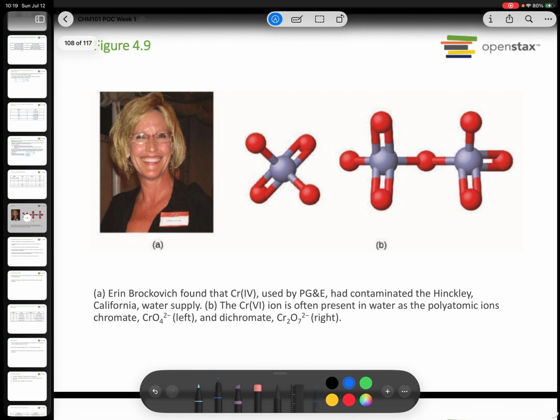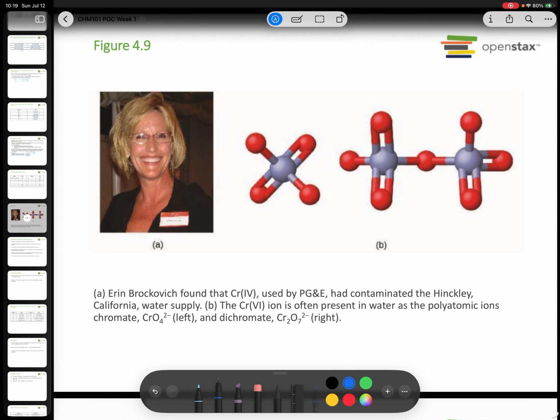Okay, so itong figure na to, it connects polyatomic ion naming to a real case, no? So, chromium compound can exist in different oxidation states, no? Kasi part din siya ng ating transition metals. So, it can form oxyanion forms, no? Different forms such as chromate and dichromate na tinatawag.